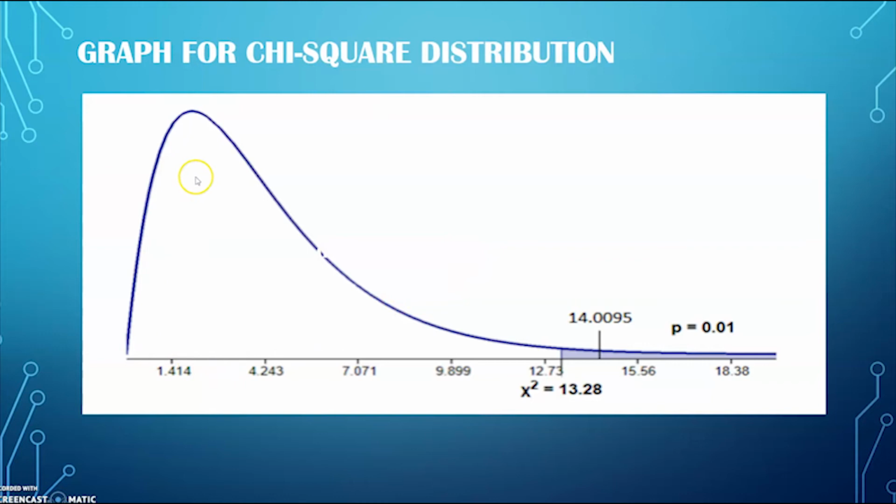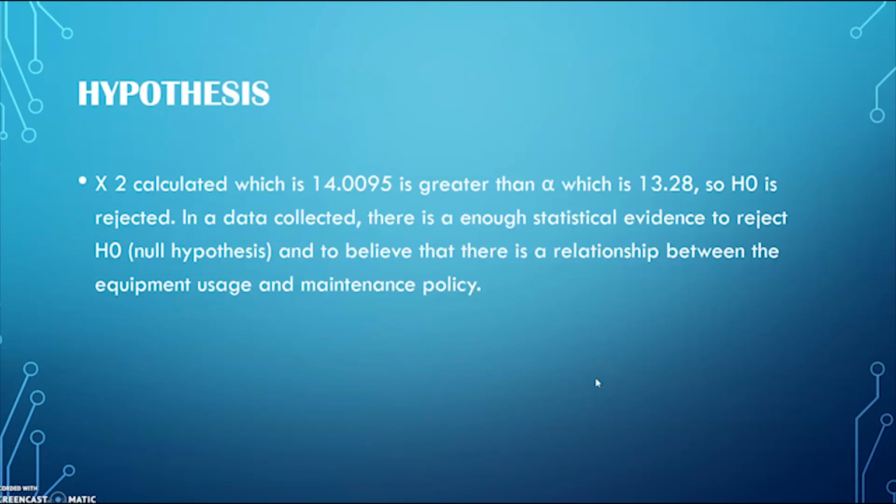So we can plot the graph. As we can see in the graph, the calculated value is more than the chi-square critical value. So for the hypothesis, the chi-square calculated, which is 14.0095, is greater than the critical value, which is 13.28.